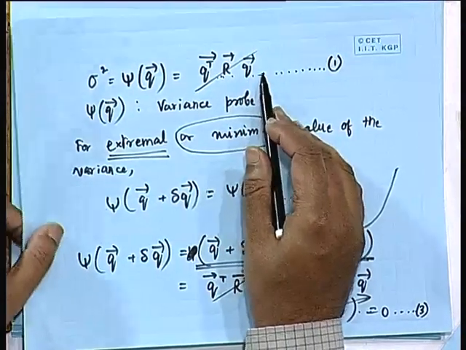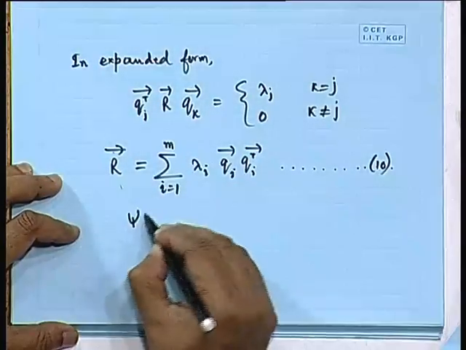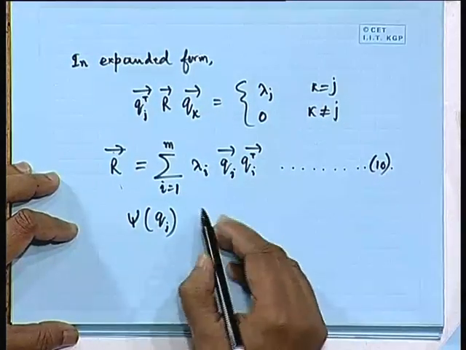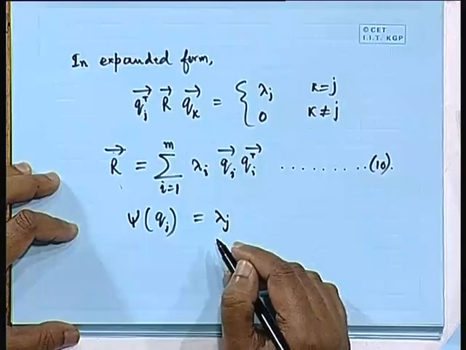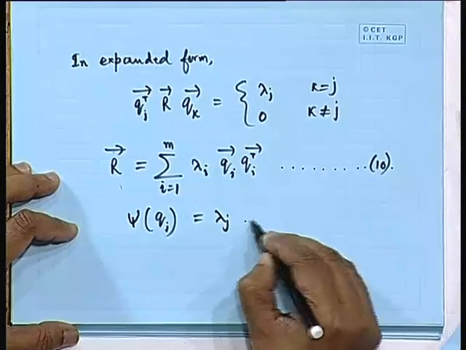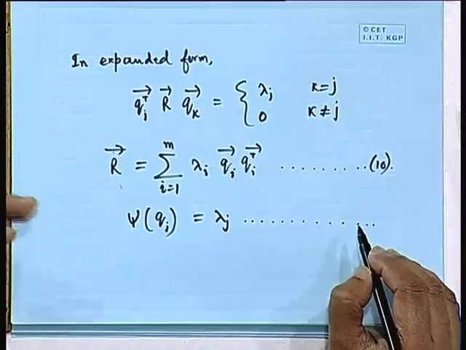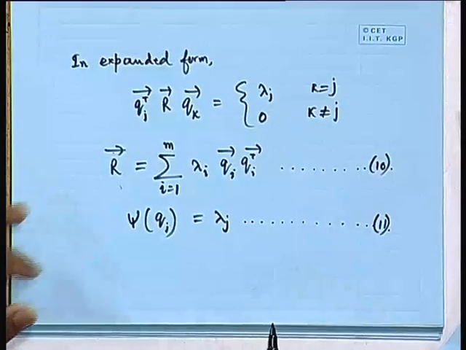It is equal to lambda j. So, also we find here that psi of q j, which are the variance probes, is equal to lambda j. So, the variance probes that we have got are actually the eigenvalues of the correlation matrix. So, this is another important relation.